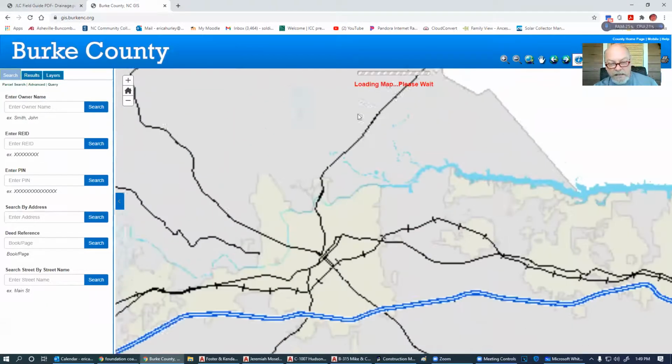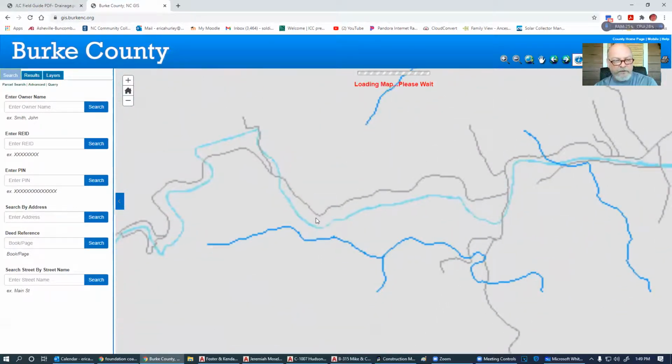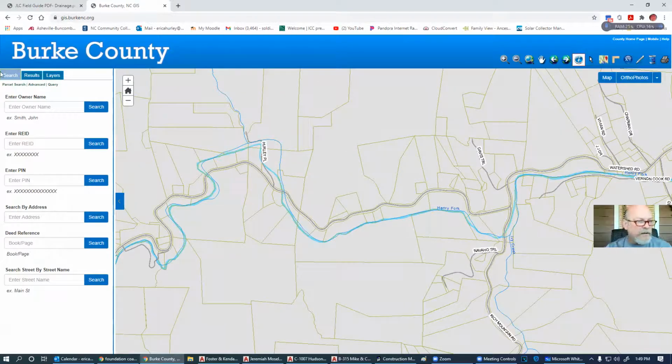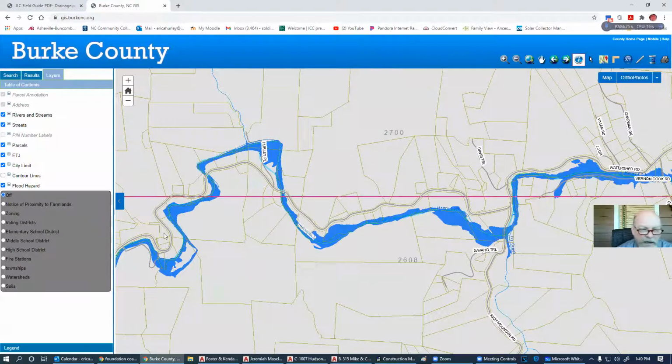You can see all these blue markings. Those are creeks and so forth. Let me see where the layers are. Flood zones. All right, so it will pull up your flood zones.